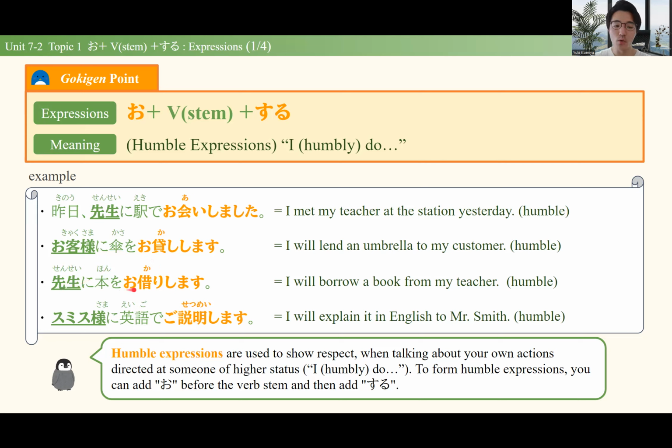先生に本をお借りします。お借りします。Because what you do is borrowing a book from a teacher, the person involved in your action, your teacher, you are showing respect to your teacher by making your action to borrow into the humble expression. お借りします。The first one is simply just a past tense. 昨日、先生に駅でお会いしました。So again, 会う, to meet someone, that also involves a person.